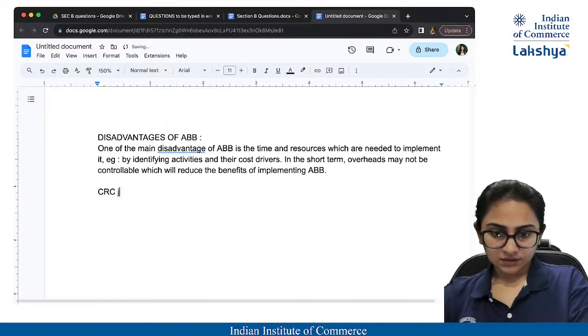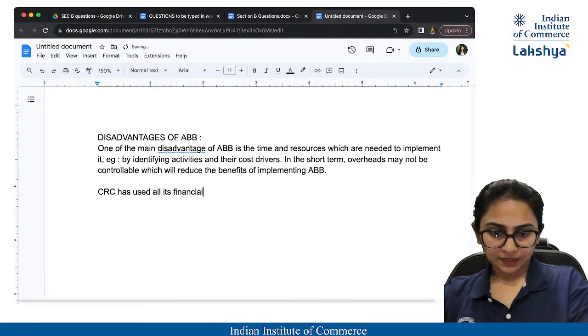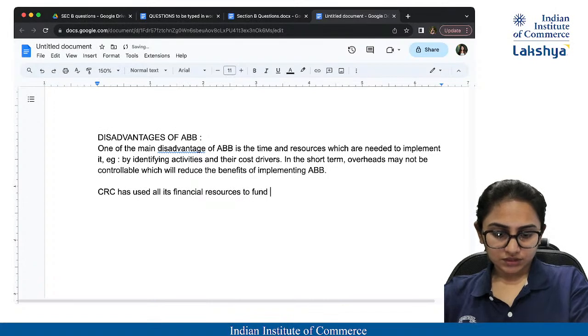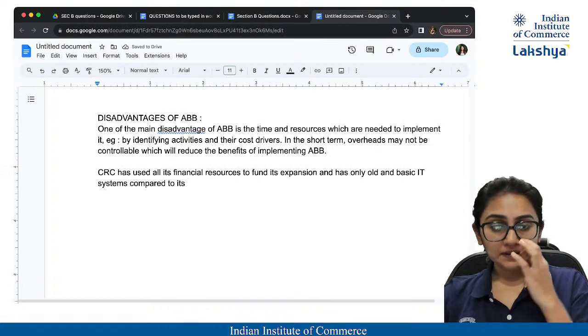CRC has used all its financial resources to fund its expansion, as IT systems compared to its competitors, and this line is clearly given in the question.